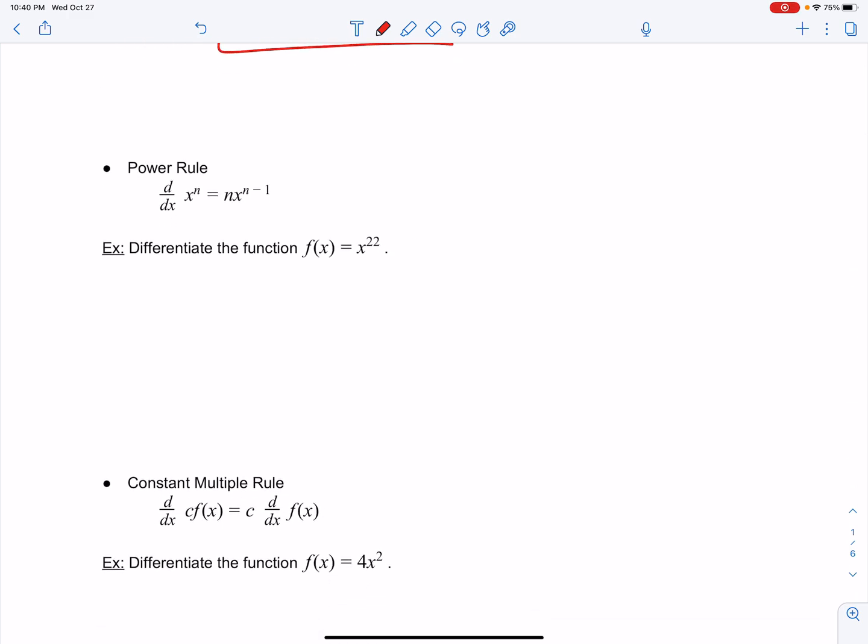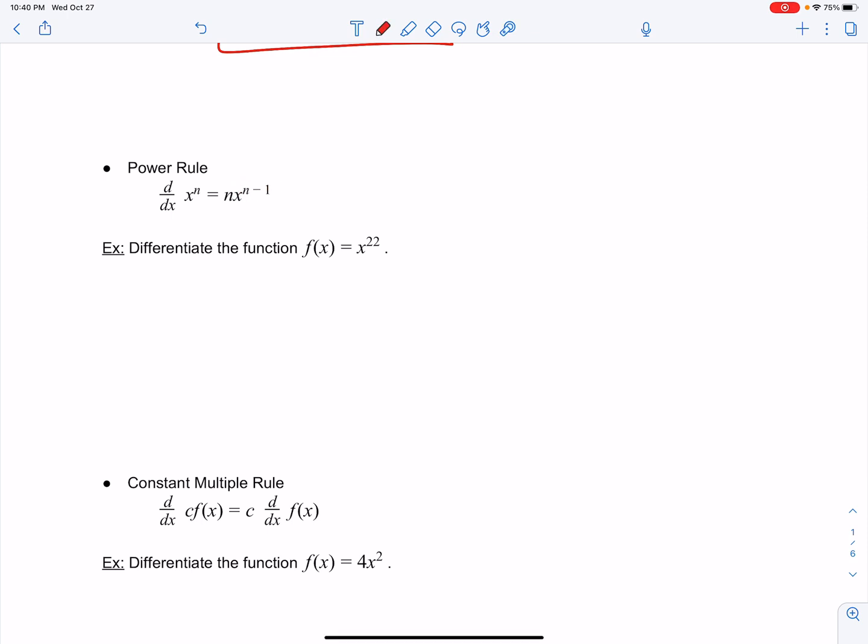We also have a power rule for derivatives. So basically, what our power rule says is when we want to take the derivative of something raised to a power, we're going to take that power and just pull it down in front of our thing and multiply by it and subtract 1 from the power.